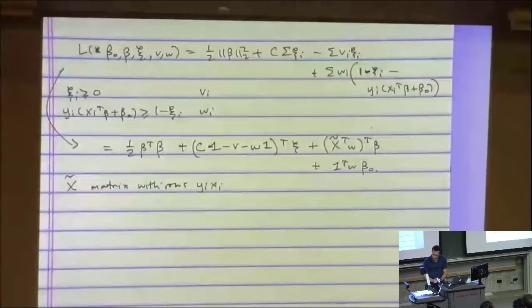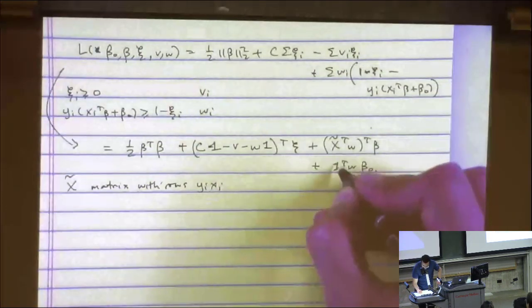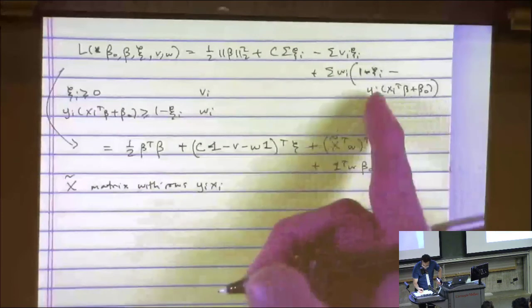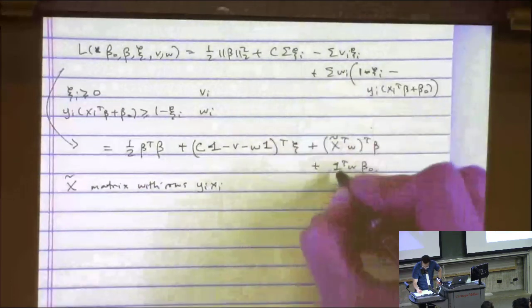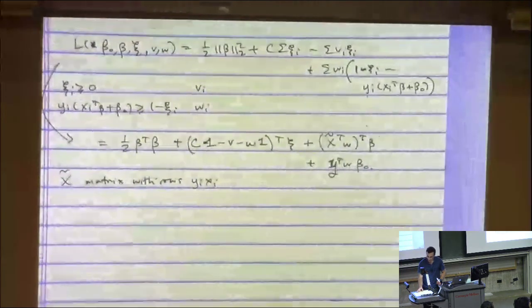Is there any other appearance of beta 0? Oh, sorry. It's actually y transpose the w's, right? Because the beta 0 is in the parentheses here.